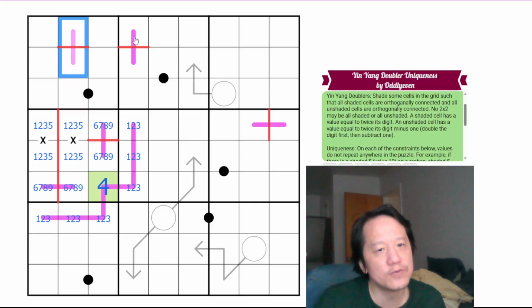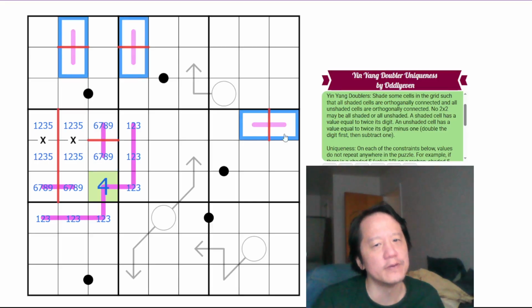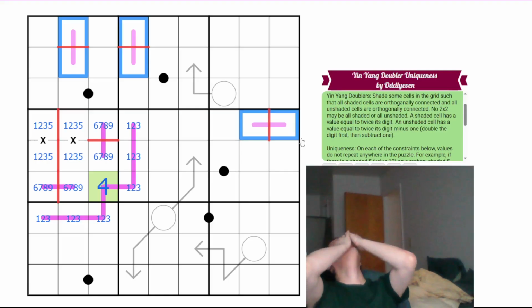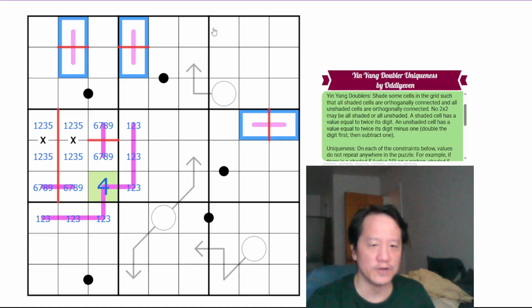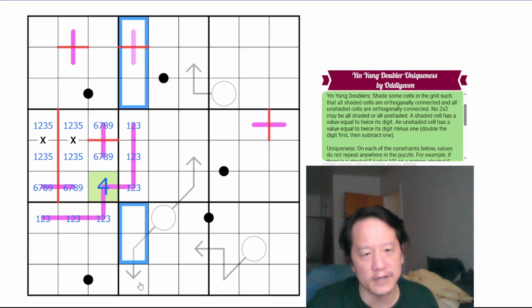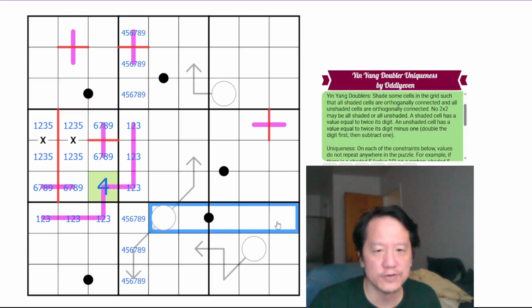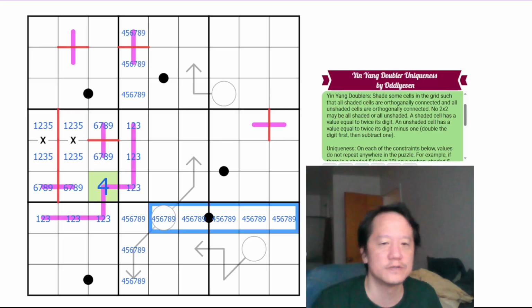So the rest of the Renbands have to be 4 and... well, first of all, these are all 4 through 9 here. This is also 4 through 9. Interesting.